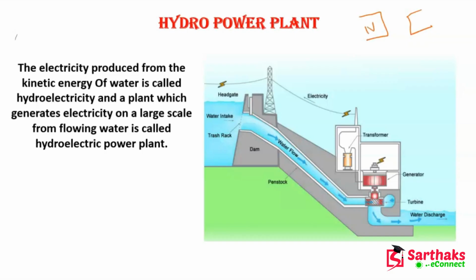We have seen in the chapter on the magnetic effect of electric current that whenever a coil is rotated in a magnetic field, electricity, or you can say current, is induced in that coil. Clear to you? Okay guys, so in this video we will be talking about the hydropower plant.